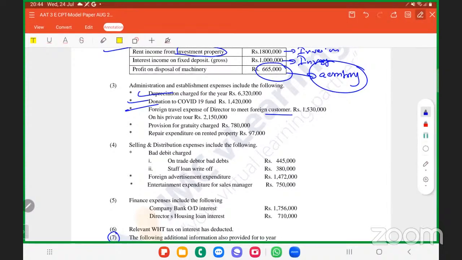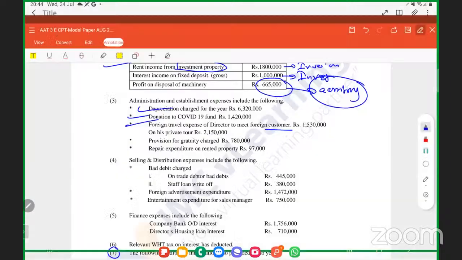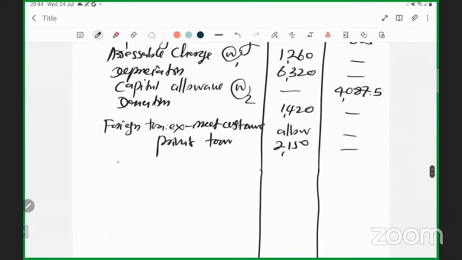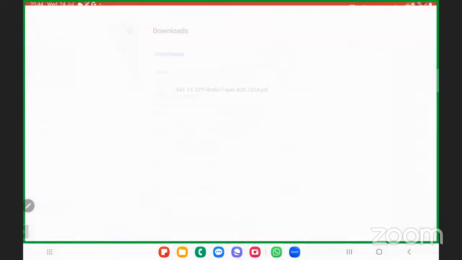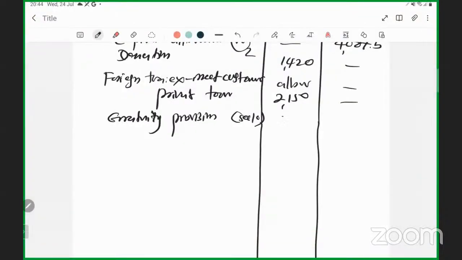Then how much? 2,150,000. That is 2,150. The provision for the gratuity, you know that any provisions you are not allowed to deduct. Under section 10, you can see that if there is any provision made for future expenses which are not yet incurred, you have to add back.